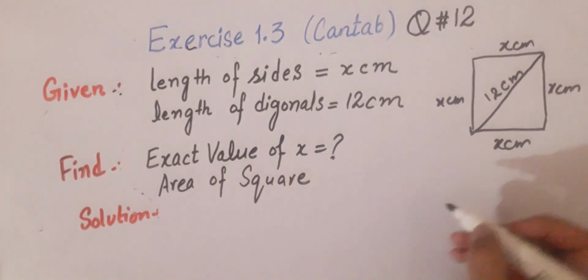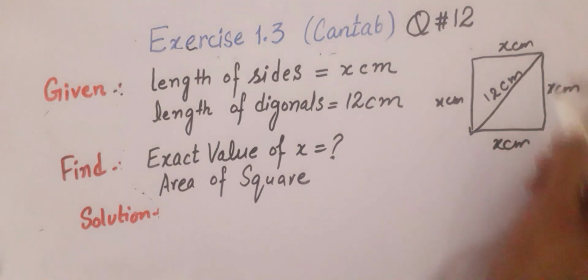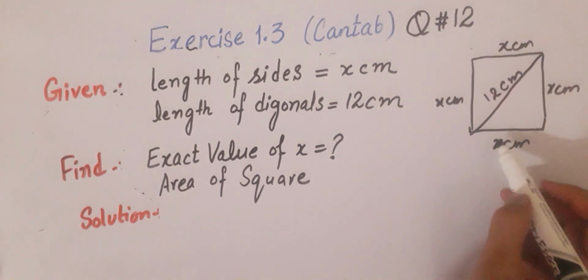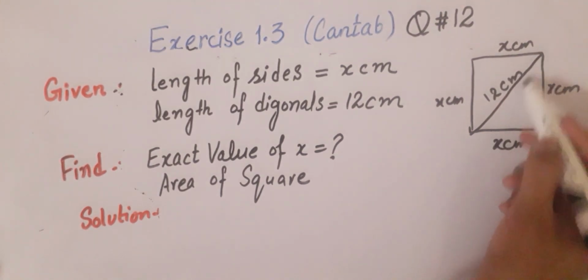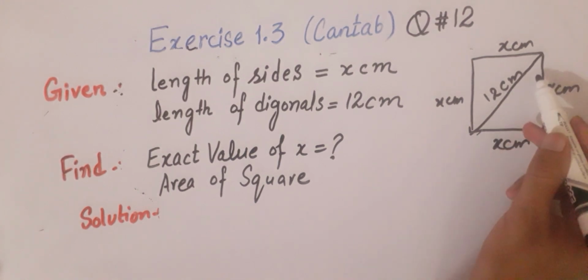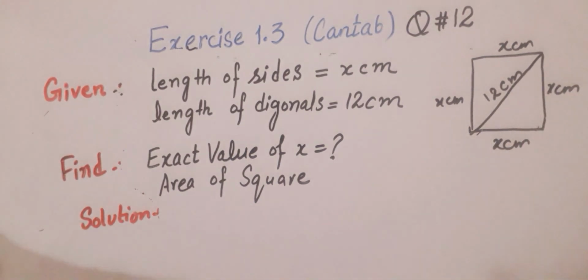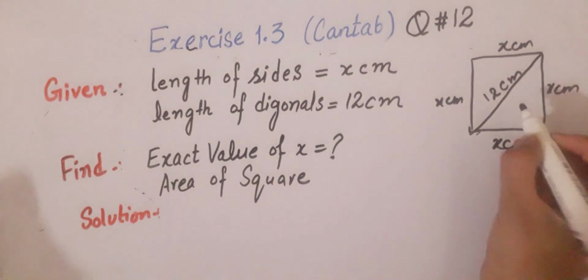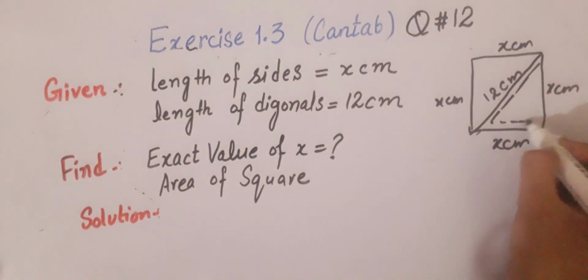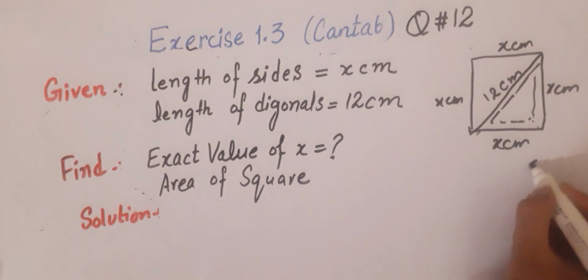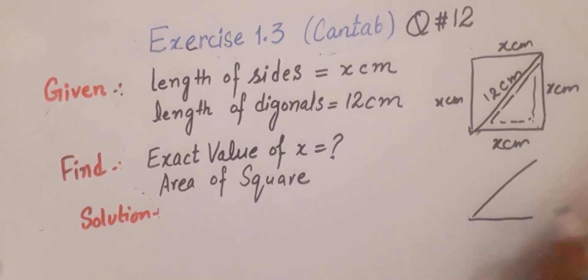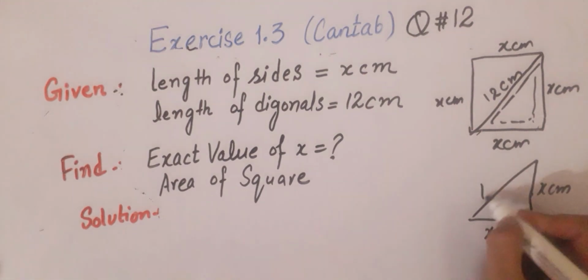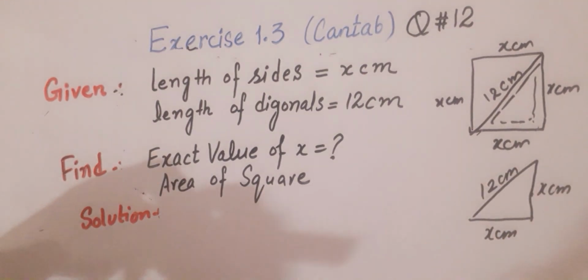How can we do this? If we consider this square, we can see that this is a right angle triangle. We can draw this here, where the perpendicular is x centimeter, base is x centimeter, and hypotenuse is 12 centimeter.